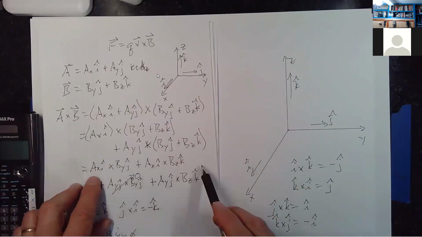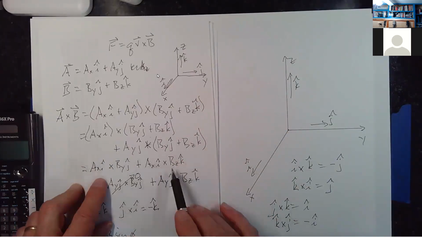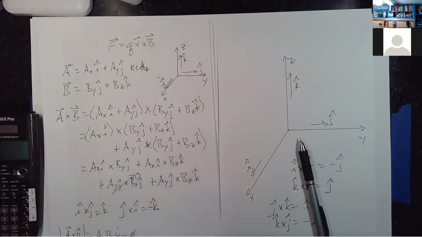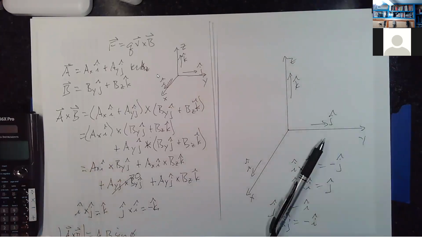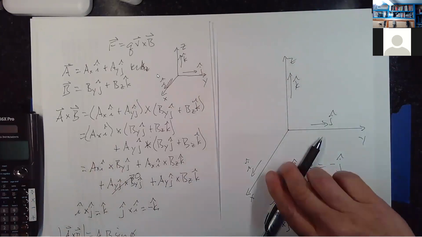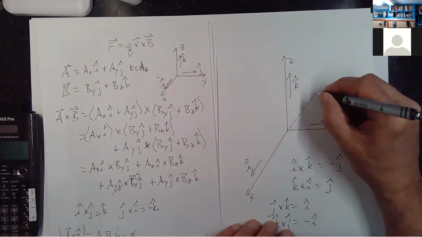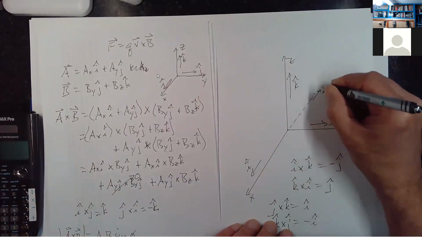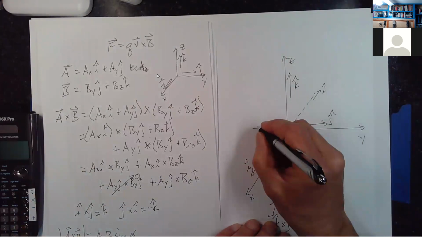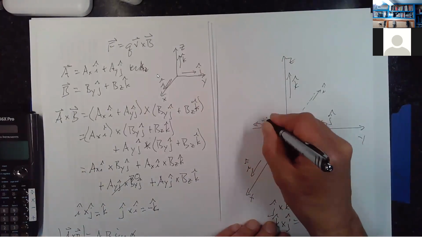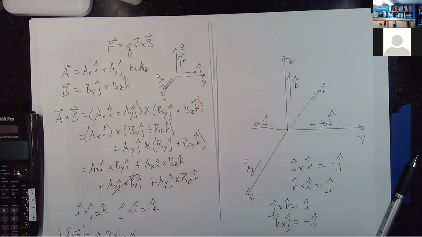So you'll end up with all three coordinates for this cross product, but it's doable anyway. And the AX and BY will just be whatever the components of those things happen to be. It may be that one or the other of them is negative, and so you might have to imagine a minus i hat term and a minus j hat, and you can figure out what all of those cross products will be with each of the other ones.